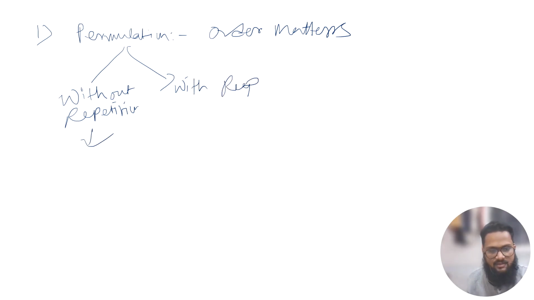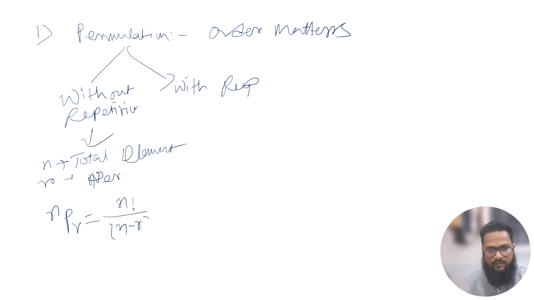So without repetition, the formula is: n is the number of total elements, then r is the number of permutations. So the formula nPr is n factorial divided by (n minus r) factorial.